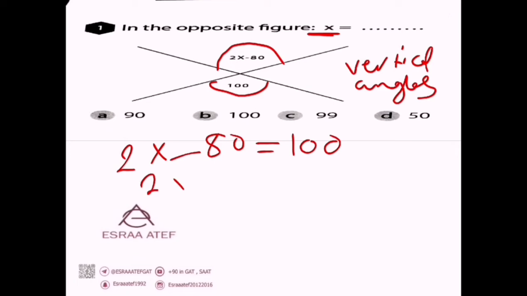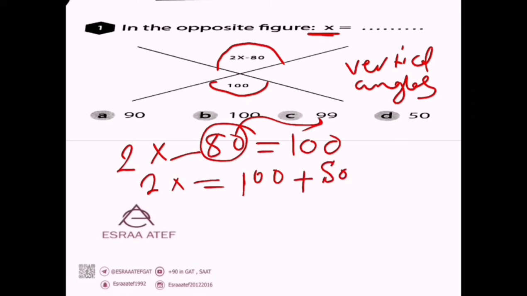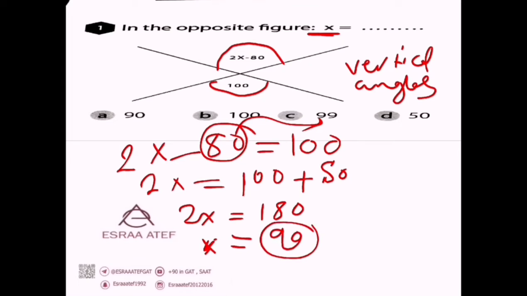So 2x equals 100, and take the 80 to the other side with a positive sign, so 2x equals 180, so x equals 180 divided by 2, which is 90. So the answer will be 90.